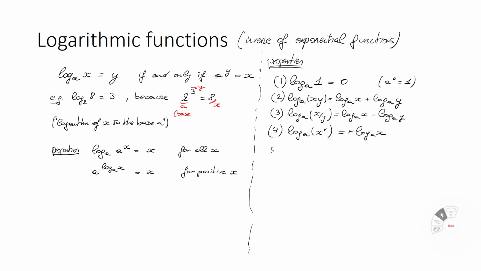And then one important property, they're all important, but this one is in particular quite useful. It's known as the change of base formula. If we have the logarithm base a of x, we can change the base into something else. We can turn this into log b of x, a different base, but then we have to pay a price. We have to divide by the logarithm base b of the original base.